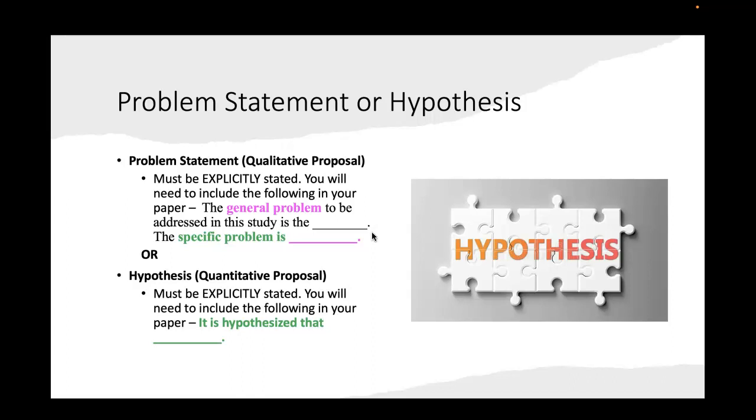I'm going to be looking for something that directs me to your problem statement and tells me that this is your problem statement. What I do not want to do is assume the responsibility of looking through your paper and trying to decide if this is what you mean for your problem statement. So you have to be very explicit. You have to tell me what your problem statement is, and you have to use these words in order to get that point across.